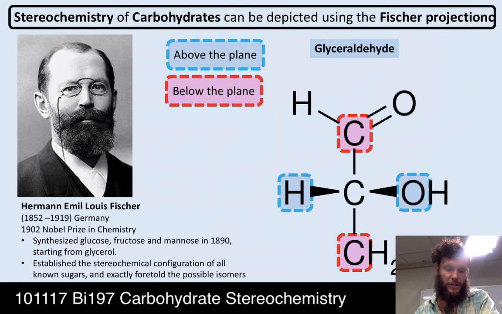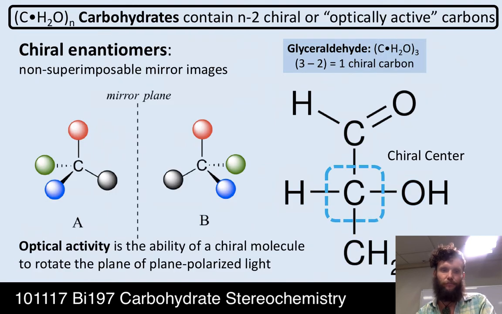And he established the stereochemical configuration of all of the known sugars that I already showed you on that tree, and foretold the existence of others that weren't known to science at the time. So he used this Fischer projection convention of drawing to try to describe the structure of these sugars that he found, the stereochemistry of them.